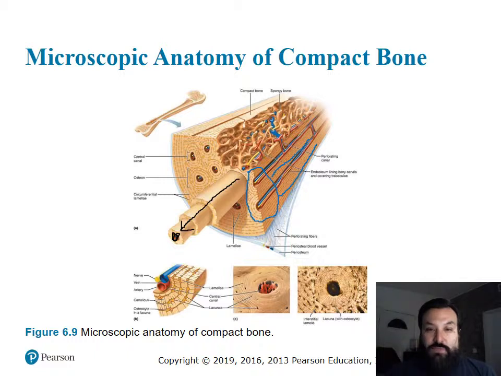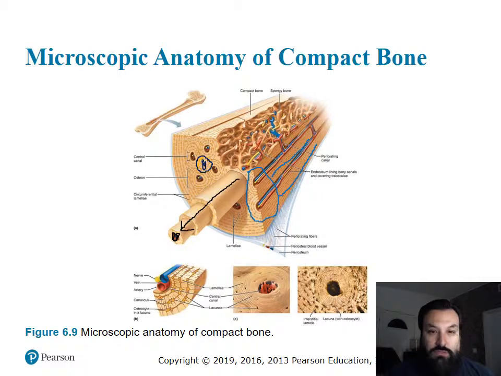You'll notice there are a bunch of osteons put together, and I know this might be hard to see, so I apologize if it is. Right here, in between this area here.